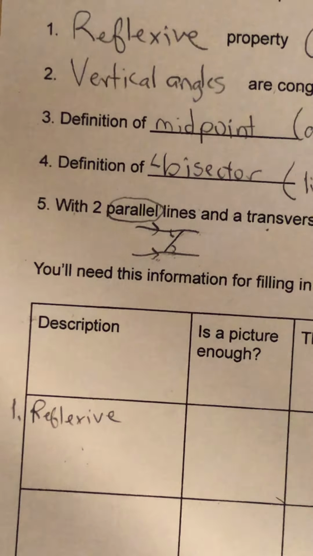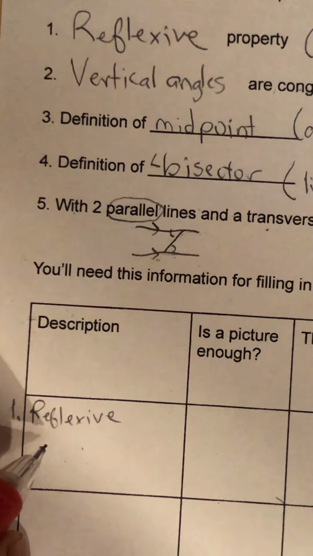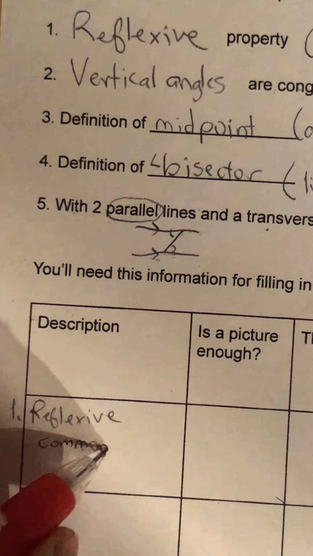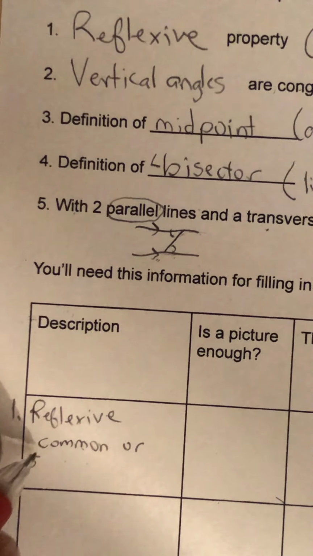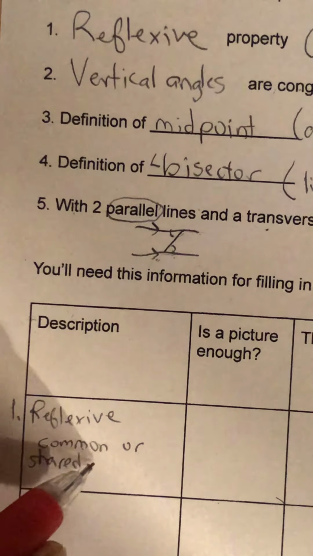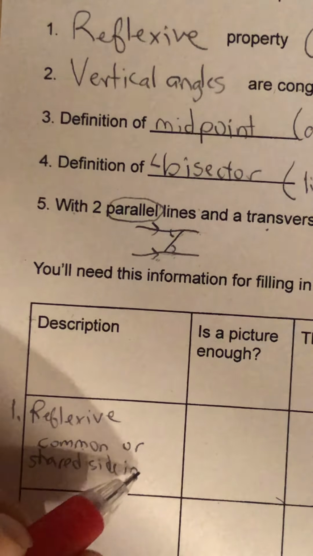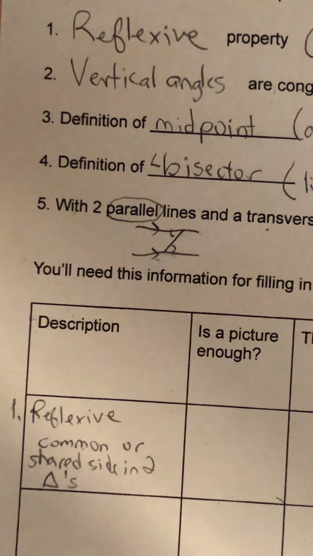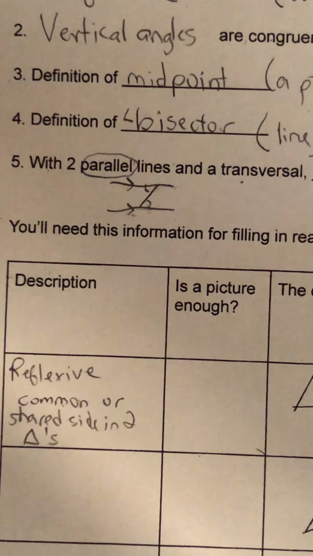The description is you're going to have a common side, or you could use the word shared side, in two triangles. I'm not going to write the word triangle. We're going to use it a lot. I'm just going to put that.